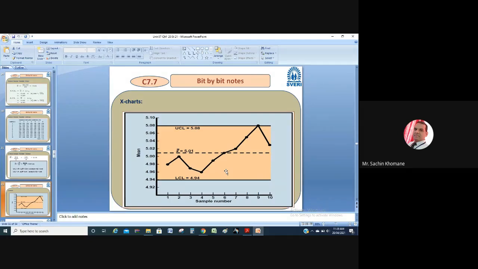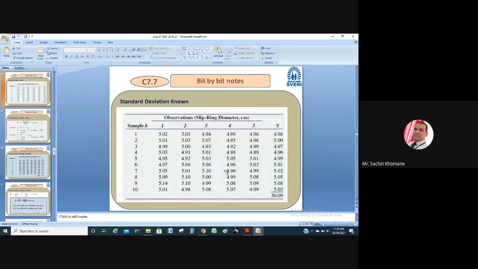For a certain component, which component have we taken? I think we have taken the slip ring diameter, right?